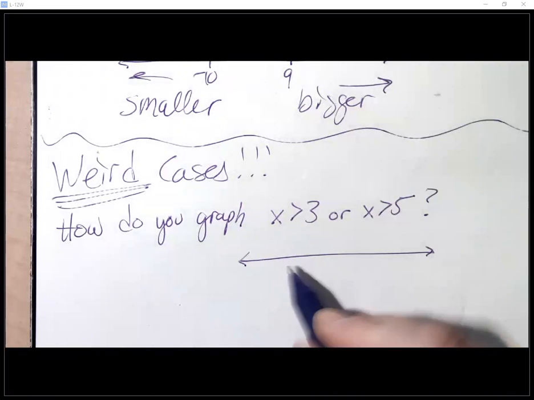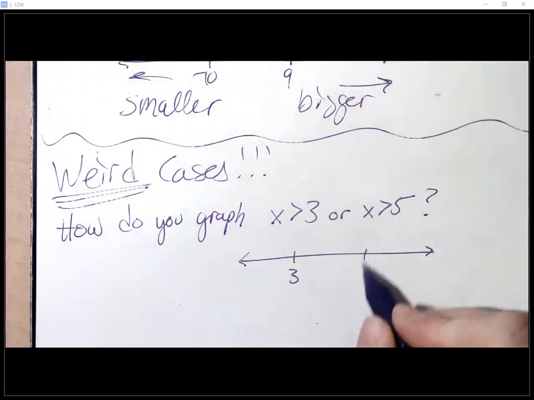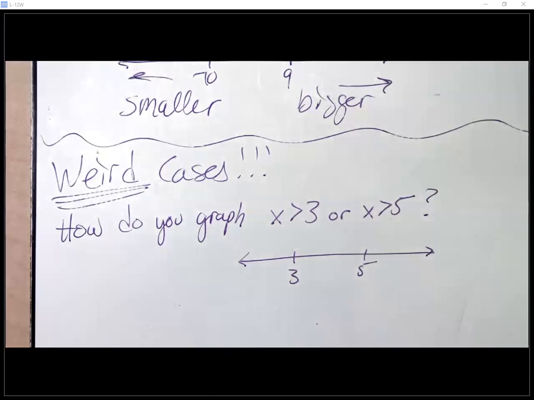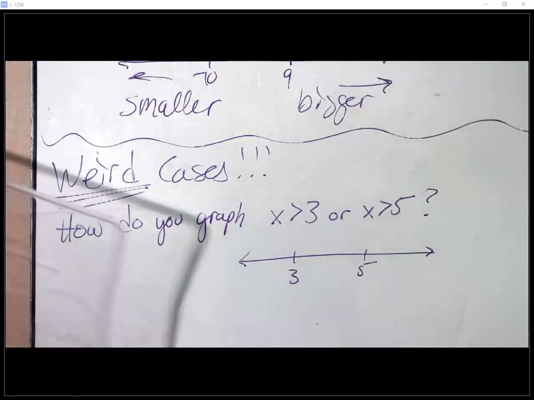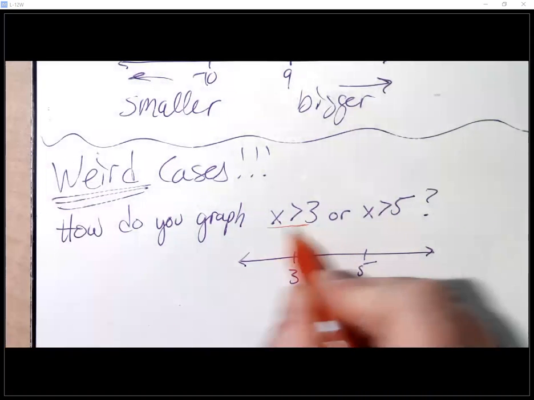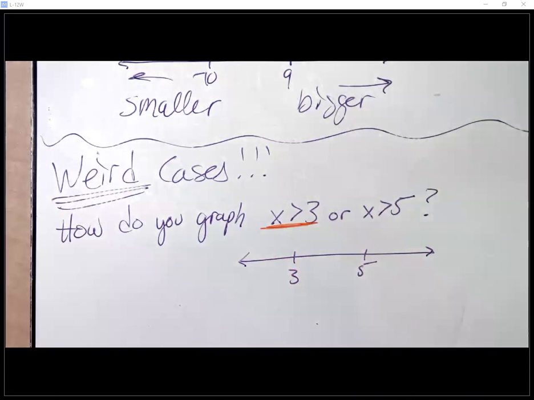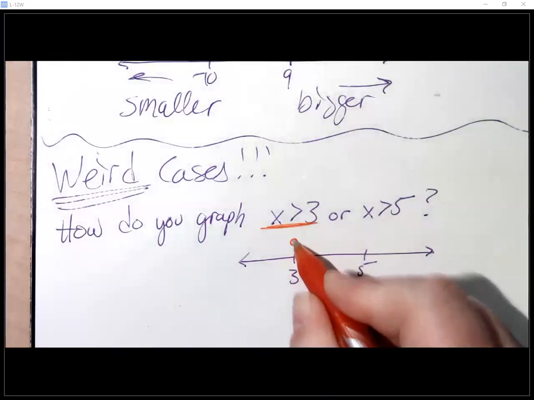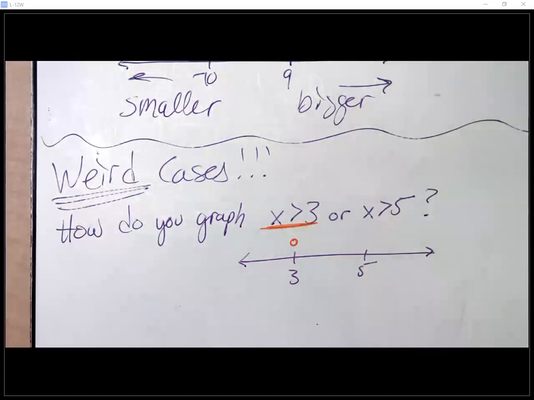I have 3, I have 5. Watch what happens with these. I'll try and do them in different colors. So if I'm going to graph X is greater than 3, that should be an open dot at 3. And then which way do I shade though for X is greater than 3? I shade to the right.